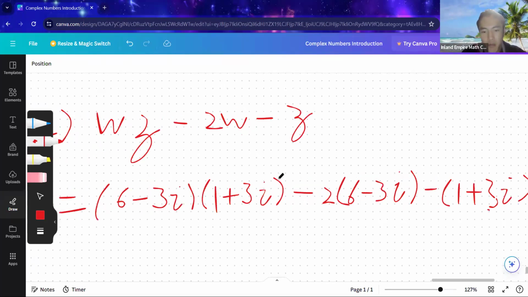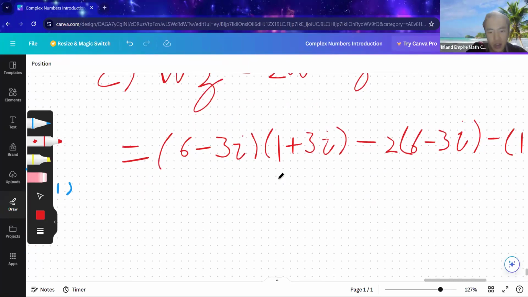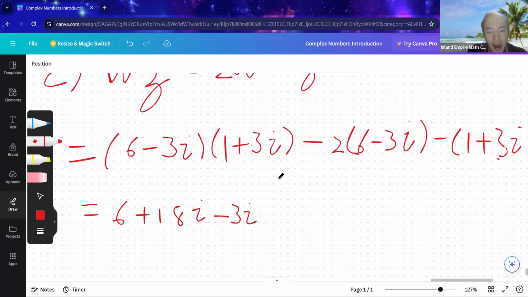This is a multiplication question, so you expand it. You have 6 plus 18i, because that's 6 times 3i. And then you have the minus 3i, that's the minus 3i times 1. And you have the minus 9i squared.